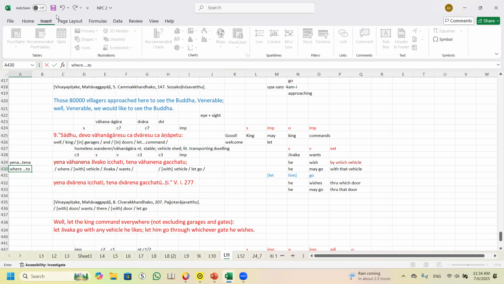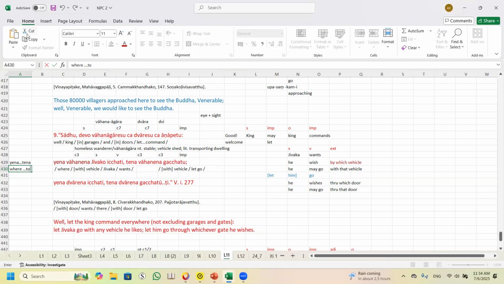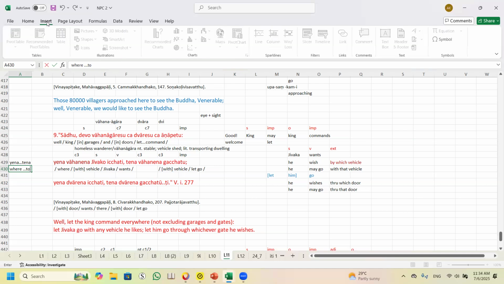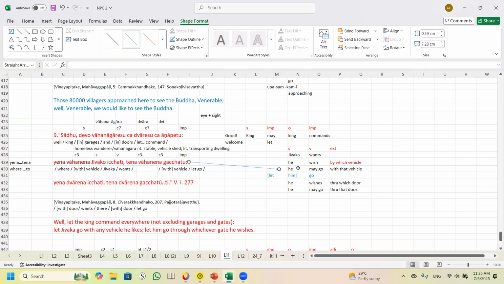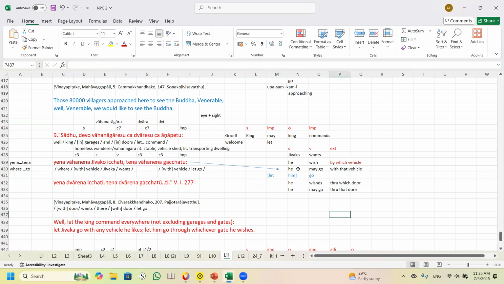Sometimes it's a bit difficult to explain. Okay, this one is here. It means he may go with that vehicle.